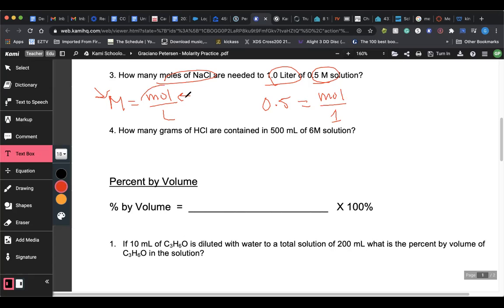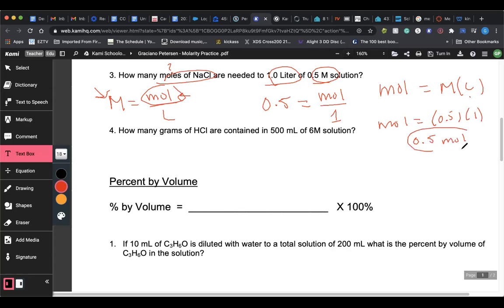Because we're missing the moles. They're asking us for how many moles. So we should rearrange our equation so that we have moles is equal to molarity times liters. And then all we have to do to find the moles is multiply the 2 numbers that we're given. So we have 0.5 times 1, which is just going to give us 0.5.